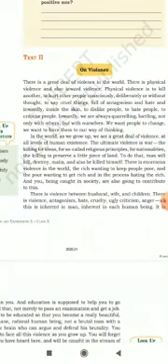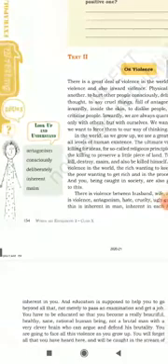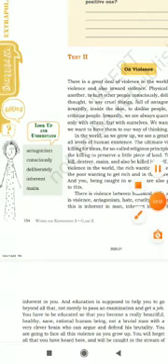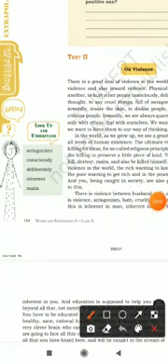Then another question is also of unseen passage, that is also reading comprehension. Here we will again talk about the important words what you are going to learn in this passage. Antagonism, that is natural dislike. Another word consciously meaning knowingly.